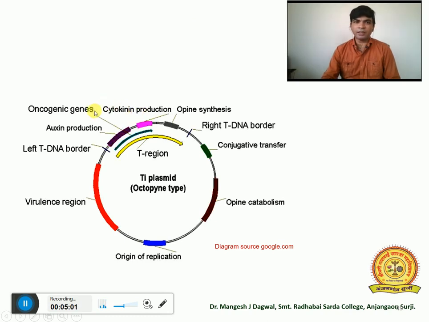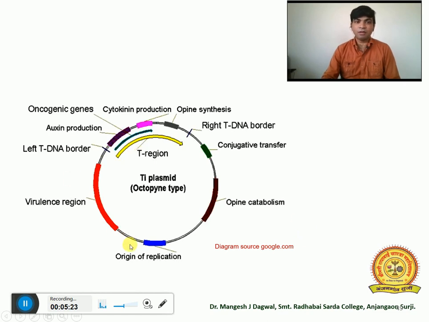And there is also the presence of oncogenic genes responsible for tumor induction, and also the gene for opine synthesis. Along with that, there is also the opine catabolism region.